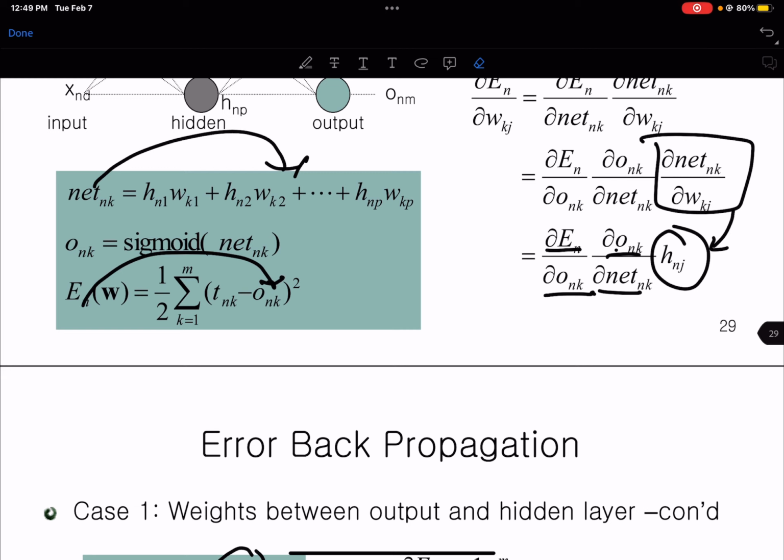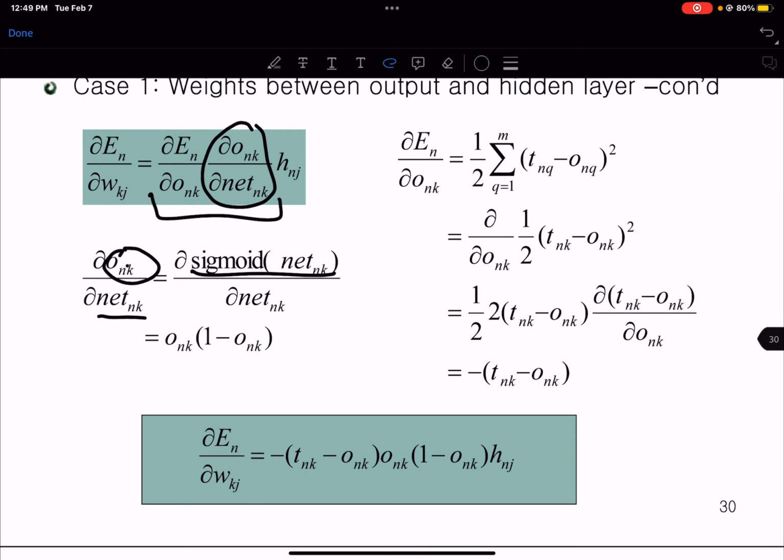Here onk is equivalent to sigmoid of your net function. So we replace that here, sigmoid of net, and then we are taking the partial with respect to net.